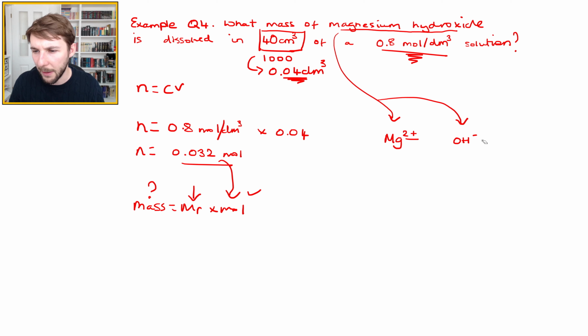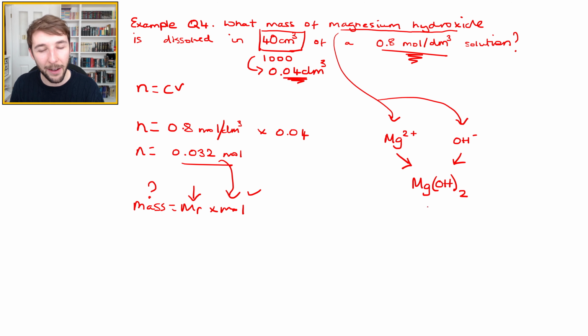So 2+ and 1-, so I'm going to get the formula overall for magnesium hydroxide being Mg open brackets, because it's more than one of a compound ion, OH close brackets 2. Now what that actually means is I have 1 magnesium, 2 oxygens and 2 hydrogens.